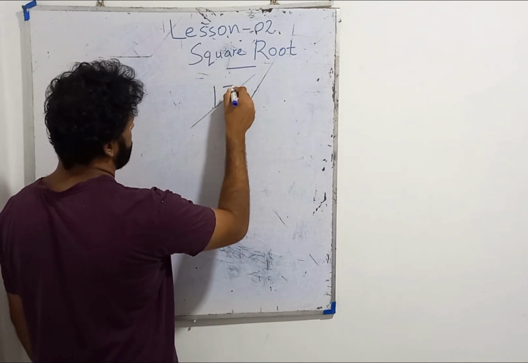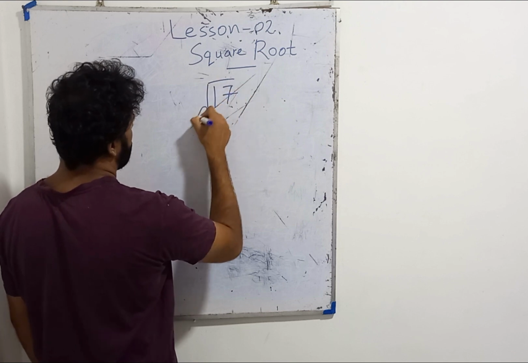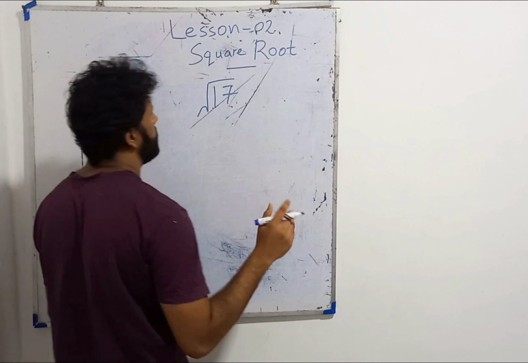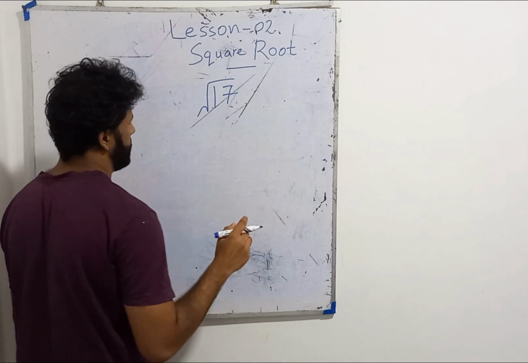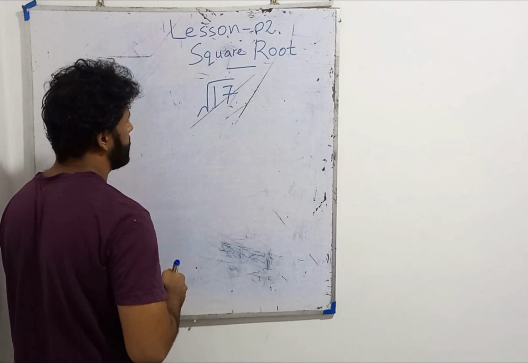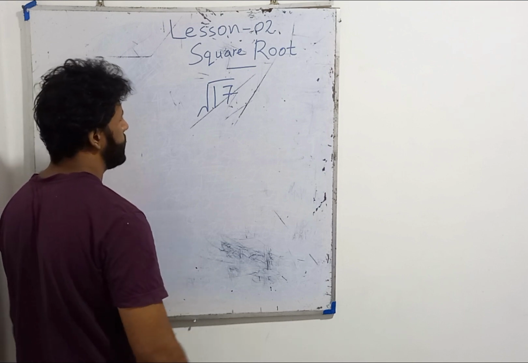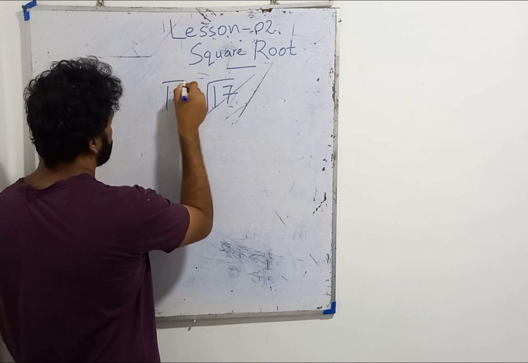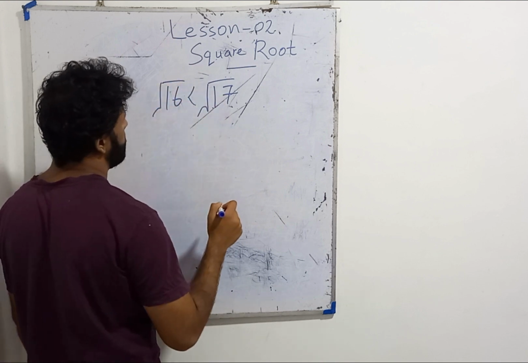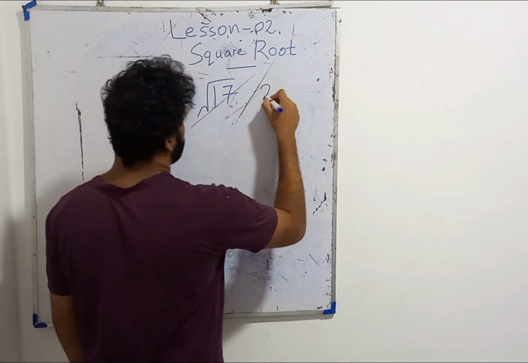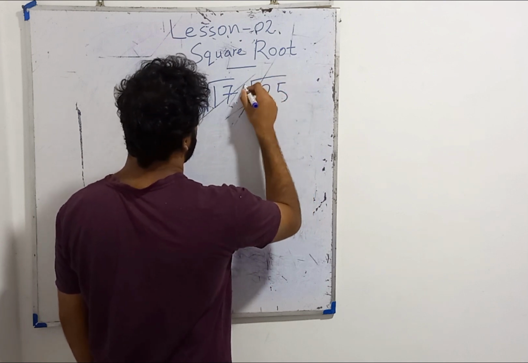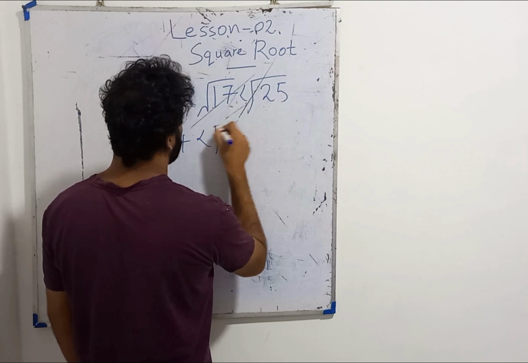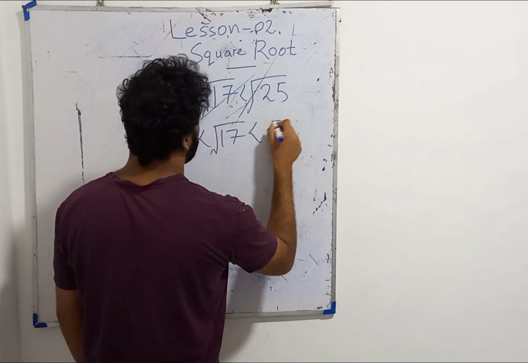Square root of 17. Now you have to take the perfect squares close to 17, greater than 17 and less than 17. Then it's going to be 16, square root of 16. Then the next one is 25, square root of 25. 4, 17, 5.